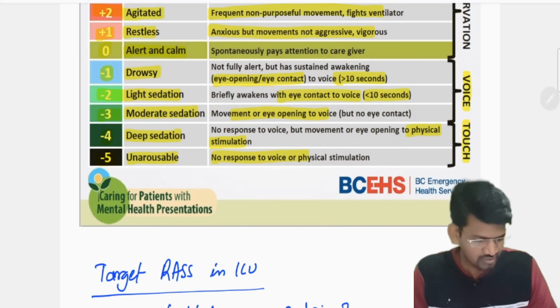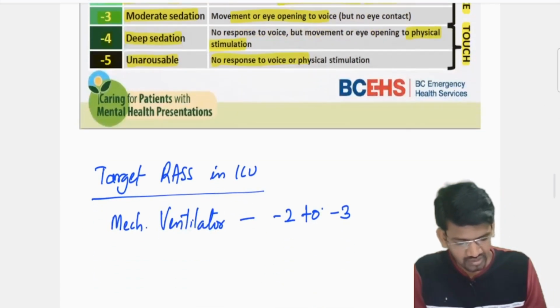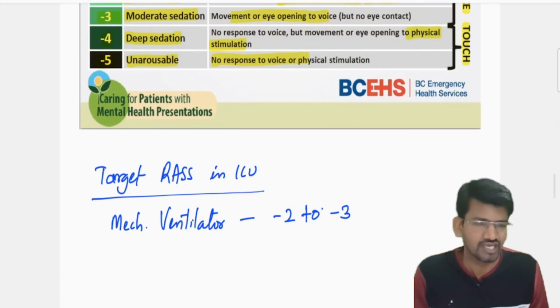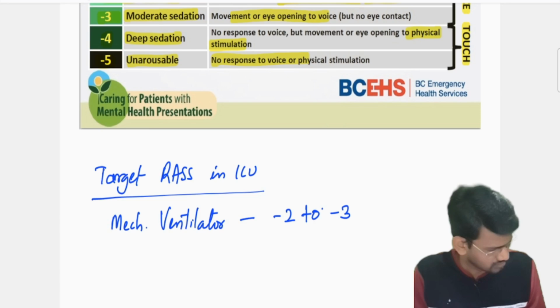So that is your target of the RASS scale in an ICU patient on a mechanical ventilator.